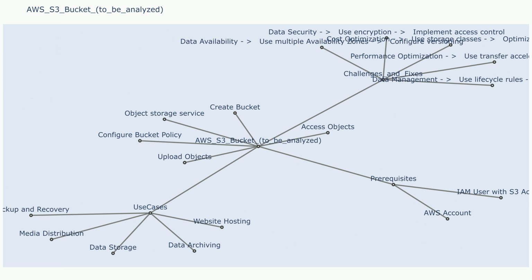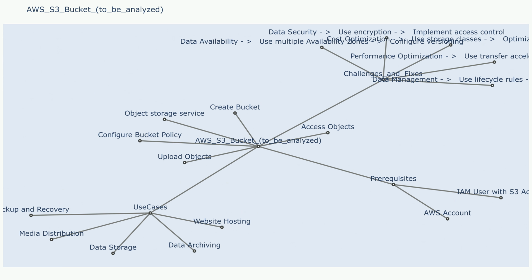Steps: to create a bucket, you can use the AWS Management Console, the AWS CLI, or the AWS SDK. You must specify a unique bucket name and choose a region for your bucket. You can also specify optional settings like encryption, access control, and versioning.